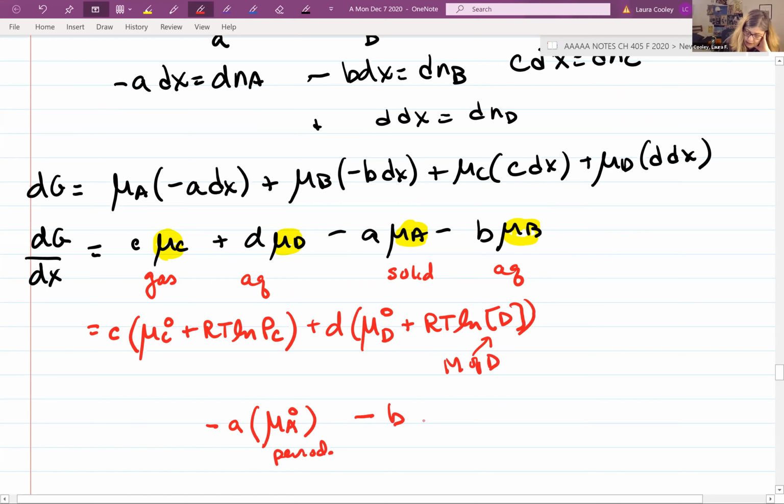Minus B, now B is again aqueous, so it's mu B0 plus RT log. Oh gosh. All right, it's not sharing anymore, but it didn't crash.